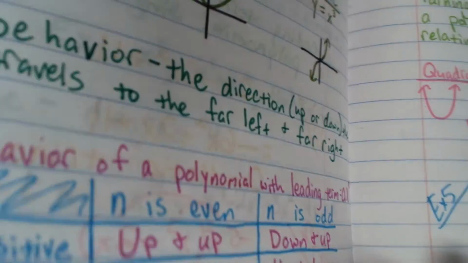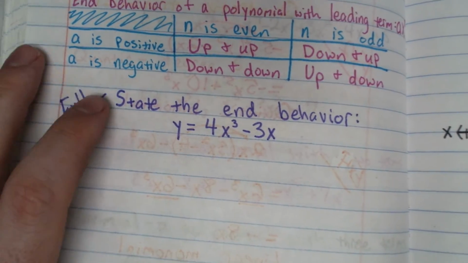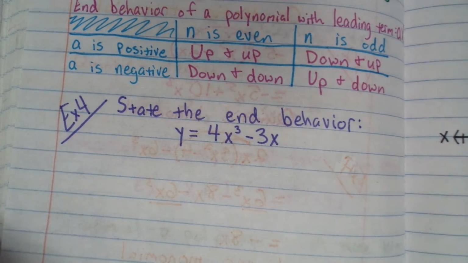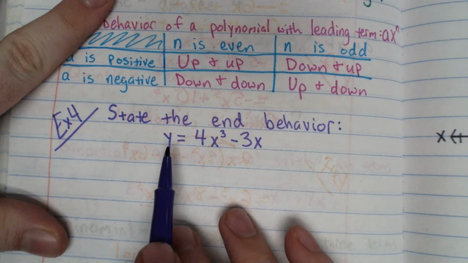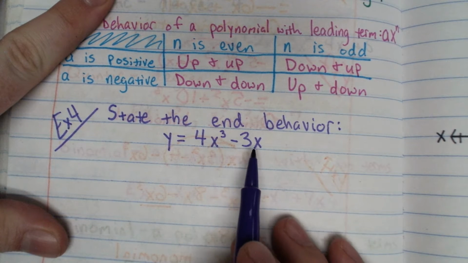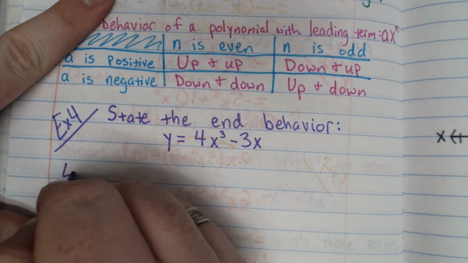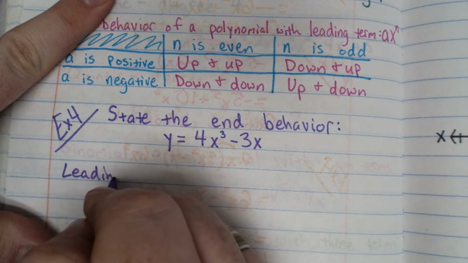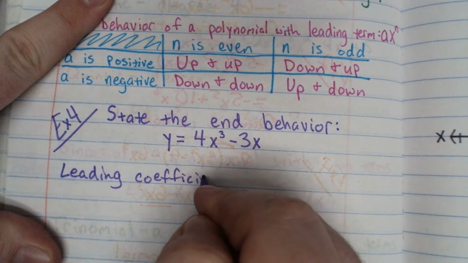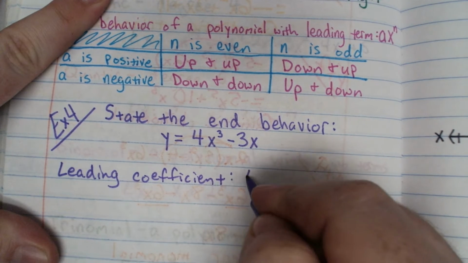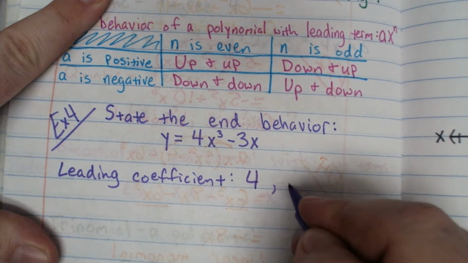So if you get good enough at understanding our equations, you could just figure out by looking at it. So here's our fourth example. State the end behavior. So if we're looking at y equals 4x cubed minus 3x, the leading coefficient is 4, which is positive.